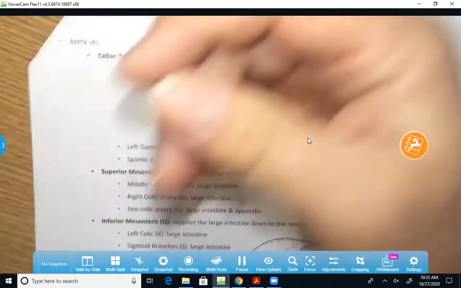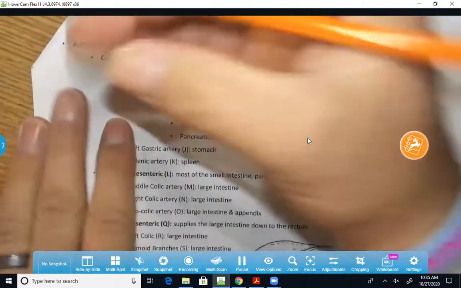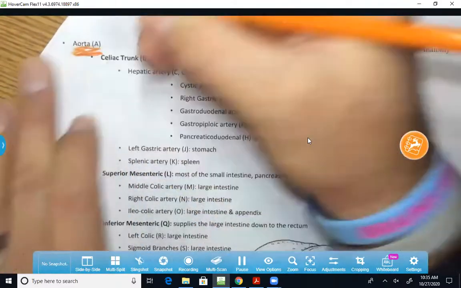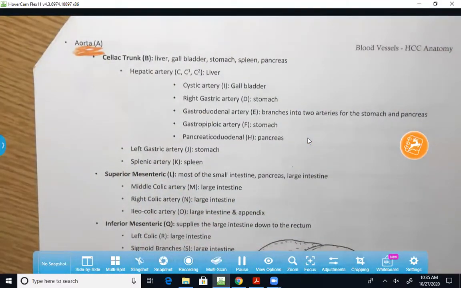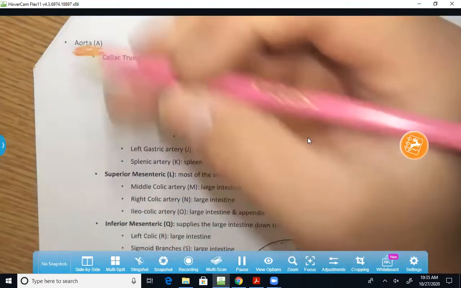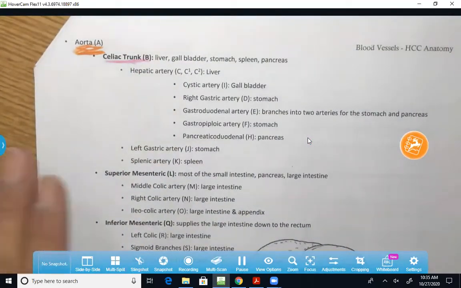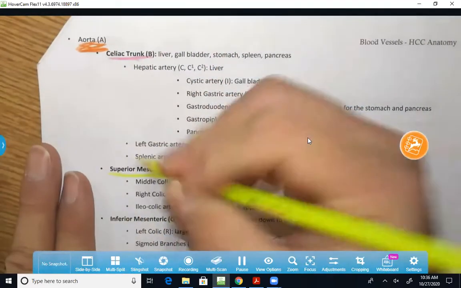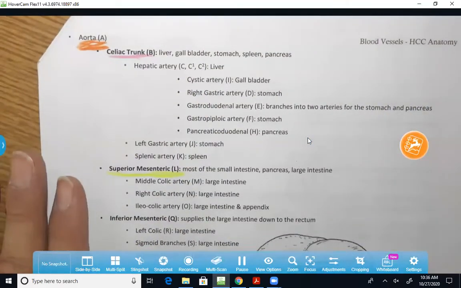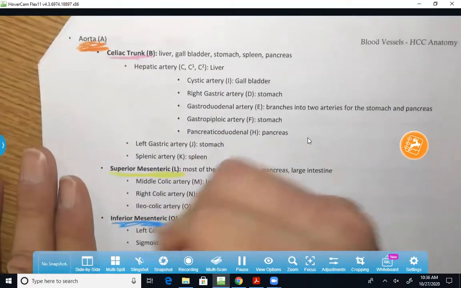As far as the exam goes, there's just these four that I'm going to worry about: the aorta, and then the three that are bolded: celiac trunk, superior mesenteric, and inferior mesenteric.